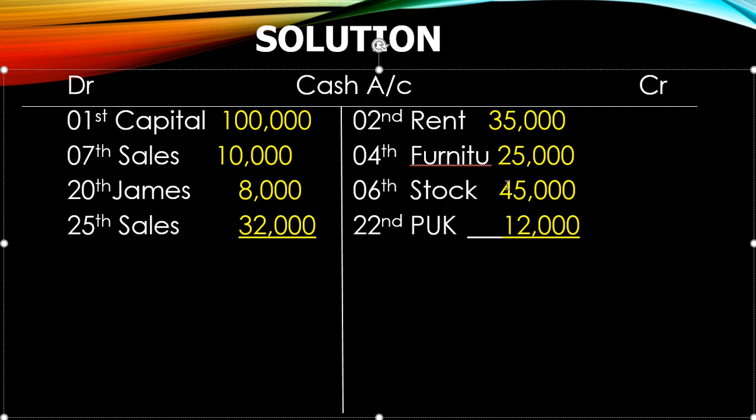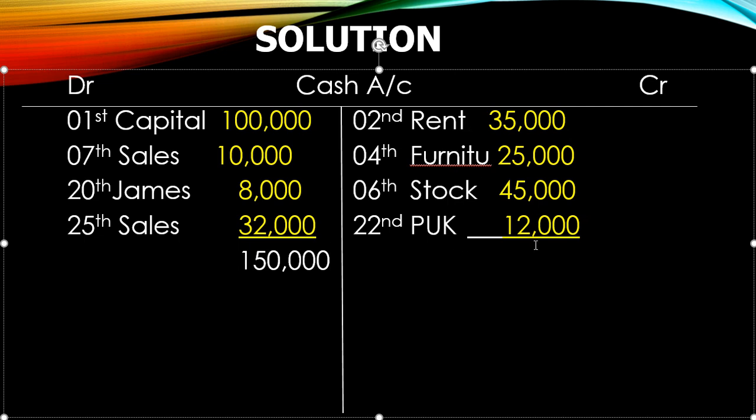So look for the bigger side. Of course, here the bigger side is the debit side, because if you look at the figures, 100,000 plus 10,000 plus 8,000, the total here is about 150,000.